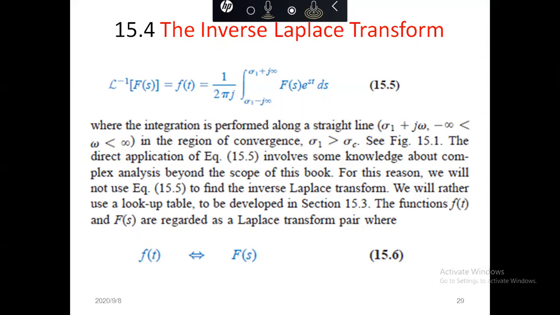Actually, the derivation of this inverse Laplace transform is beyond the scope of this course, but you can consult a signals and systems book to see the derivation.